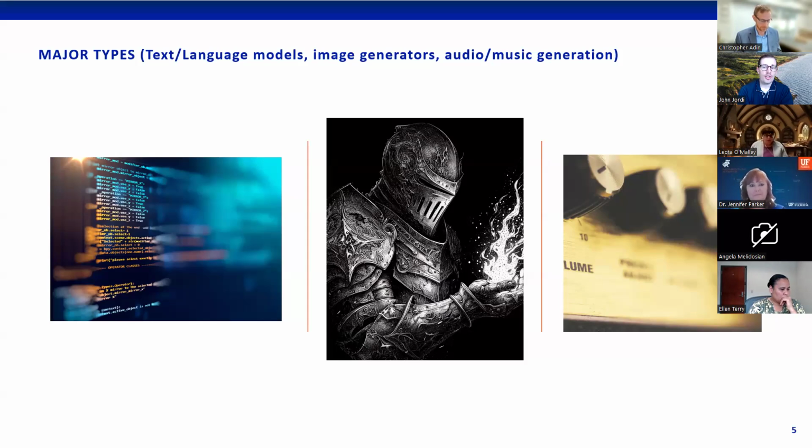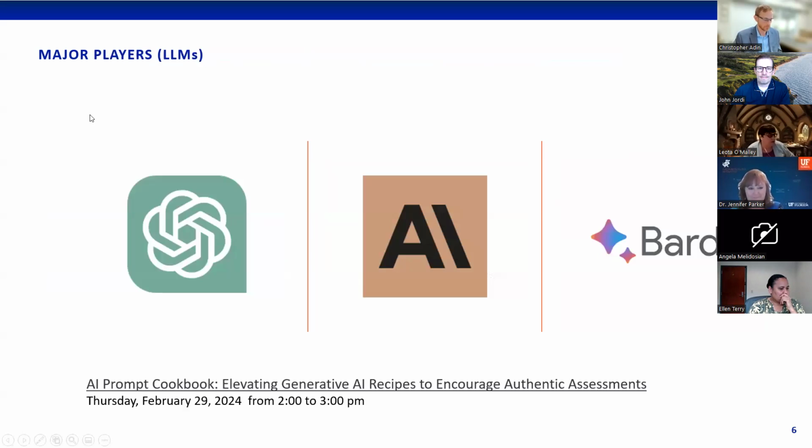They can also read and generate multiple types of coding like Java or HTML. Image generators can generate images based on specific inputs or conditions. And audio and music generation can generate musical styles and compositions based on your inputs. For each of these types, we'll be walking through the major players and their capabilities, and we're excited to see all that you can generate in today's session. I'll turn it back over to Leota.